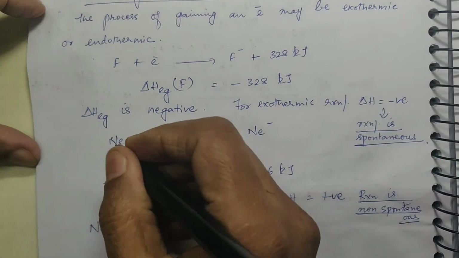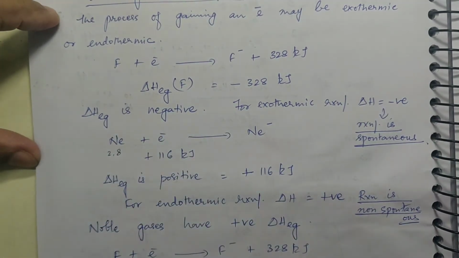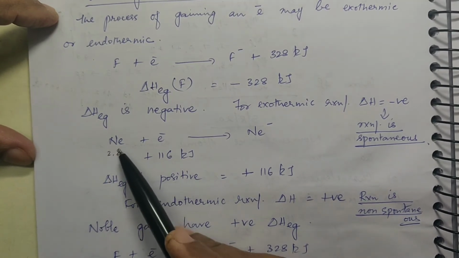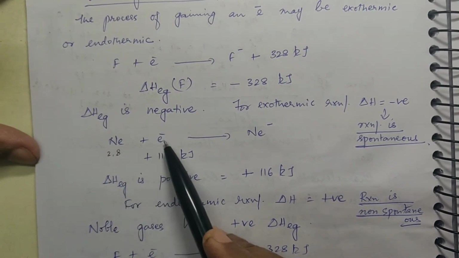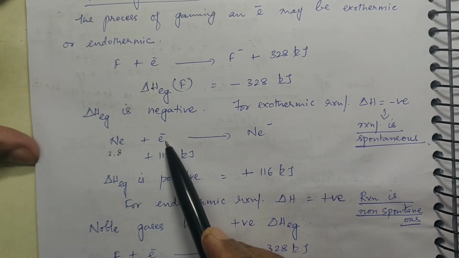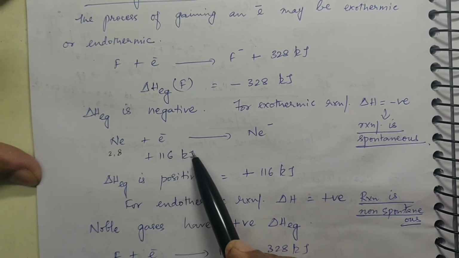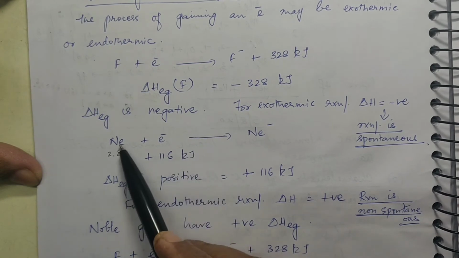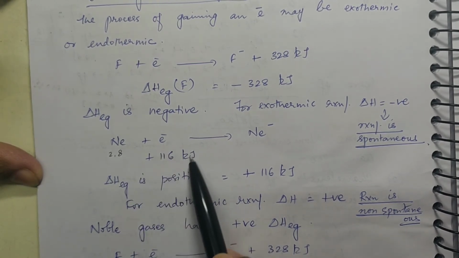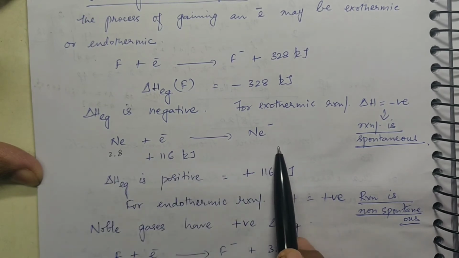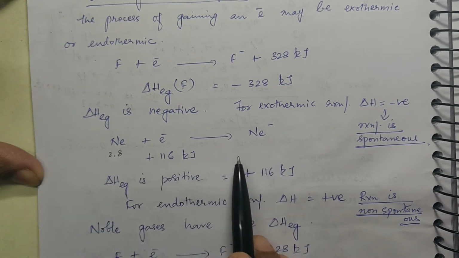No, because it is already having completely filled electronic configuration. So it would not prefer to gain an electron. Now when it does not take an electron spontaneously, what do you do? You supply some energy, force the atom to take up an electron. So in this case, it is endothermic and the reaction is non-spontaneous.